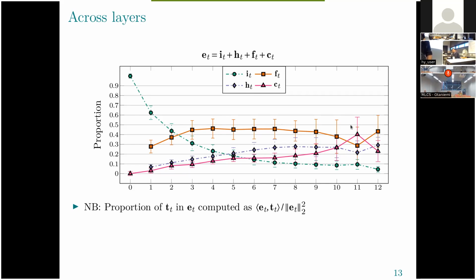Here we're purely looking at the geometry of things, so it's not exactly surprising that you have such a prominence of feed-forward layers, because we're taking as reference the full embedding for that layer. So the one you get right after having run through the feed forward.